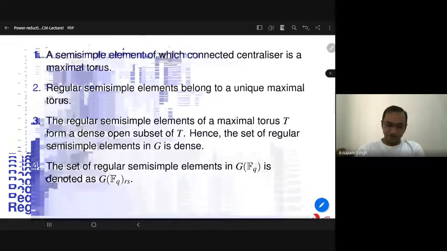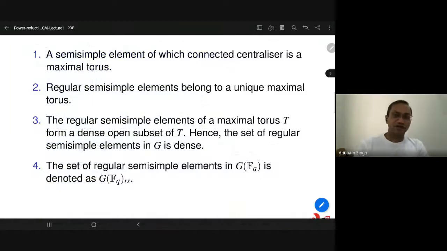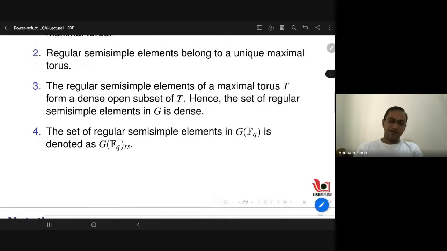Maybe it's not a very difficult thing to think about. If an element is not regular semi-simple, it will acquire, for example, a 2 by 2 block if something is repeating in GLn, and that means it can belong to more than one maximal torus if it is not regular. So a regular semi-simple element belongs to a unique maximal torus, and we will make use of this fact.